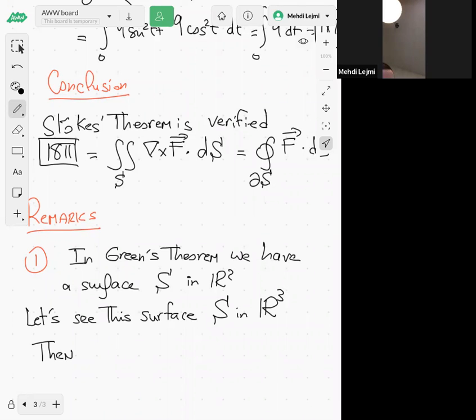A normal vector to S is actually k, the vector 0, 0, 1.